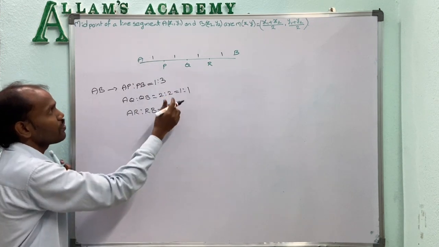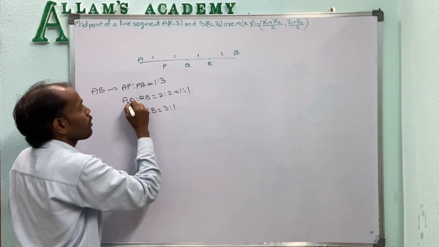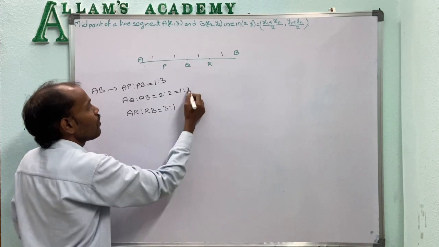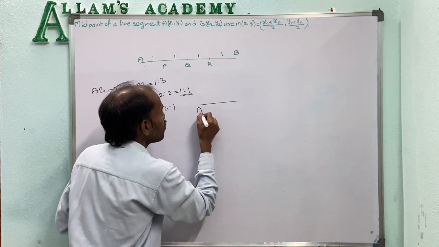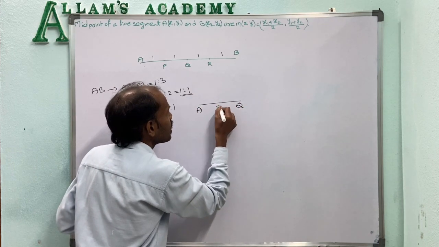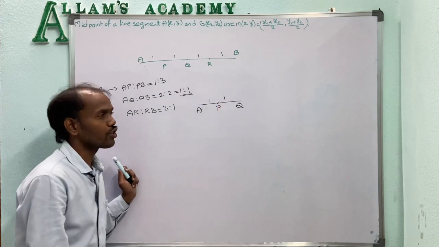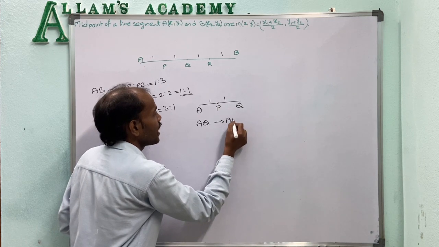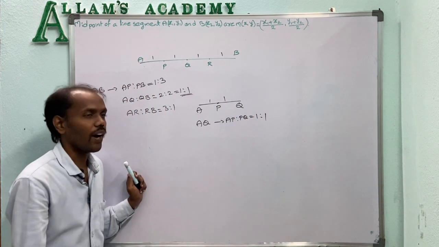If we observe it in another way, the point Q divides AB in the ratio 1:1. Similarly, the line segment AQ is divided by P into 2 equal parts, so AP to PQ is 1:1.